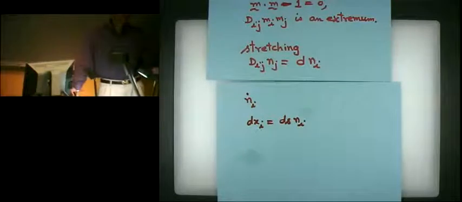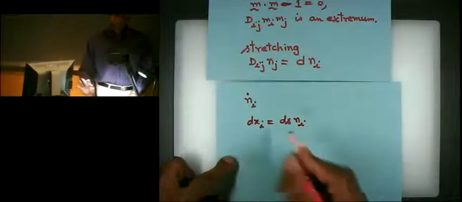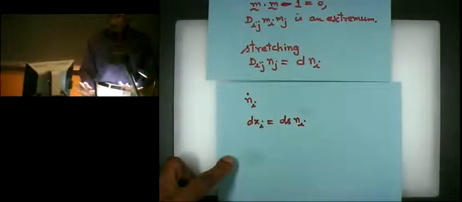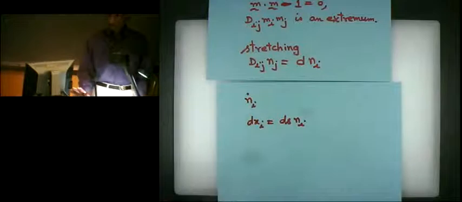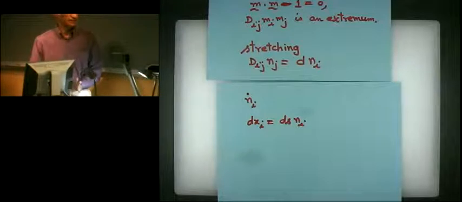So take a small vector parallel to ni. Remember, we want to find ni dot, where ni is an eigenvector of D. So it's a special n, not any n. I want to find the rate of change of n. Is the exercise clear? Actually, what I'm really shooting for is giving you another interpretation for the spin tensor.